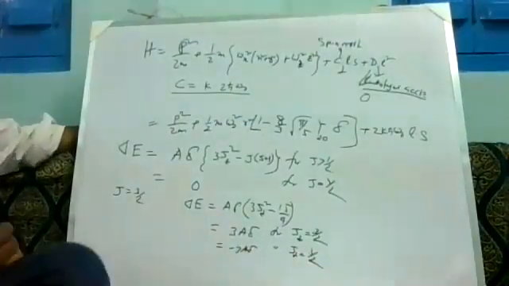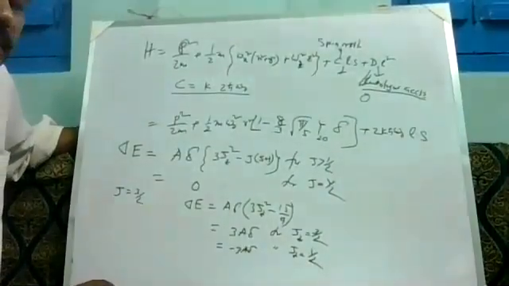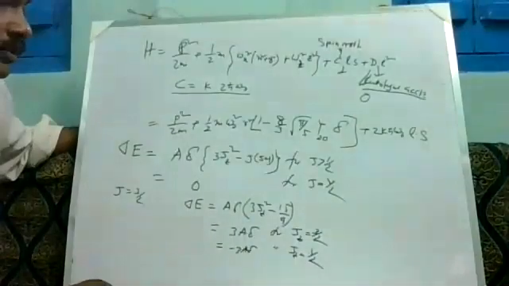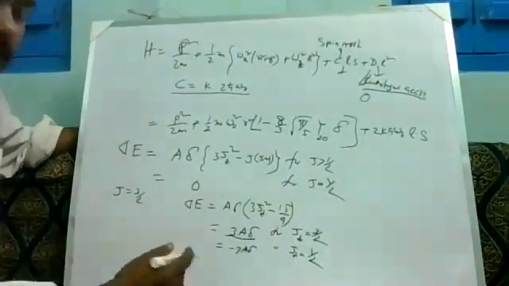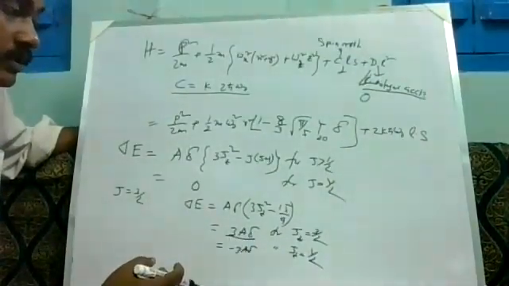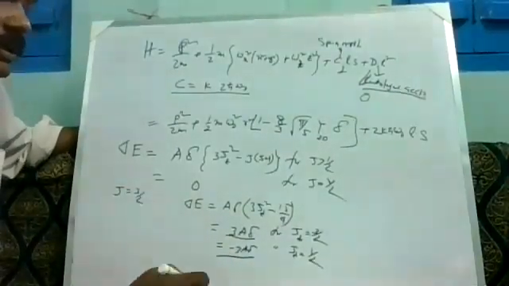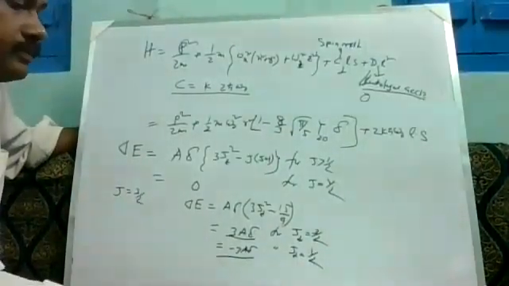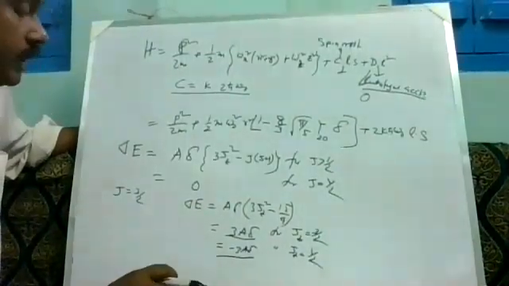So depending on the value of jz, the difference of energy is changing. You see, for jz equal to 3 by 2 this is 3A delta, that means the change is positive, and for jz equal to half, minus 3A delta, the change is negative. And similarly for the state j equal to 5 by 2, you can calculate it.